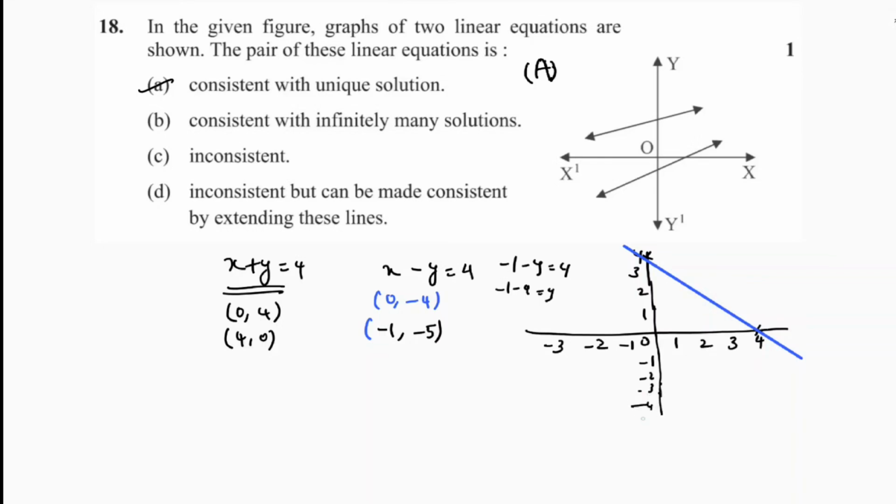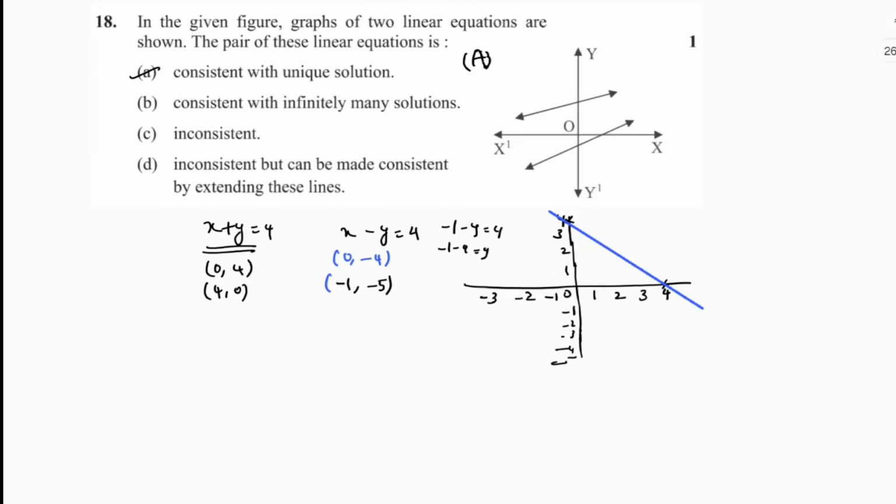So 2 points are minus 4 and minus 5 also. So you'll draw the line like this and you will leave it, because these are lines.